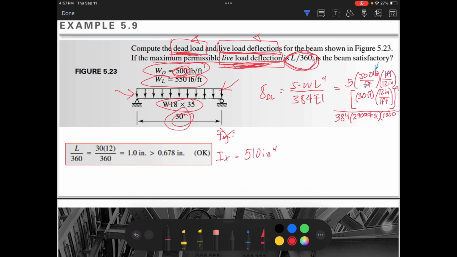Meron pang I. So, I is 510 inch raised to 4. Naka-inches siya, so no need to convert.